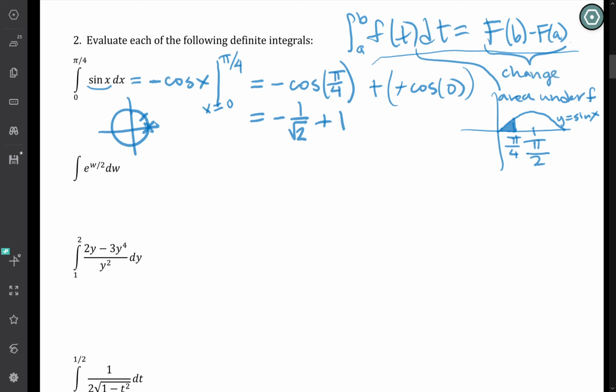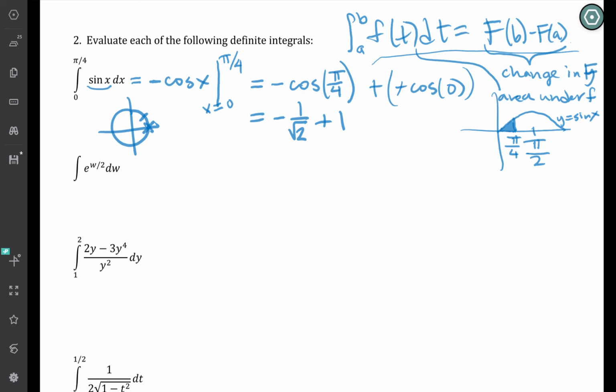So remember, when you plug b into the antiderivative, you're going to get a y value of the antiderivative. When you plug a in, you get a different y value. When you subtract, you get the difference between your y values, or the change in y for big F. So we'll just say change in big F. How about that?